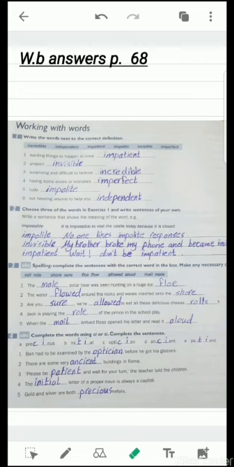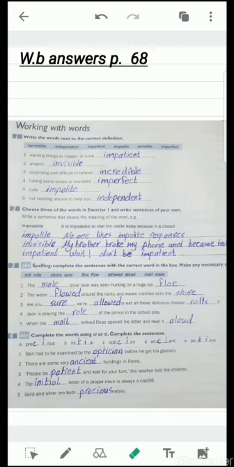Shore S-H-O-R-E means shore. Sure S-U-R-E, certain. Floe F-L-O-E, a floe. Flow F-L-O-W, to flow.